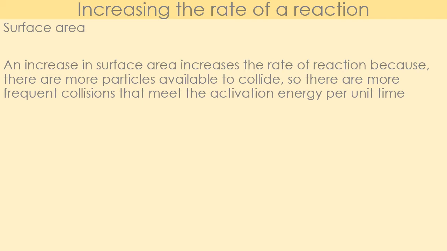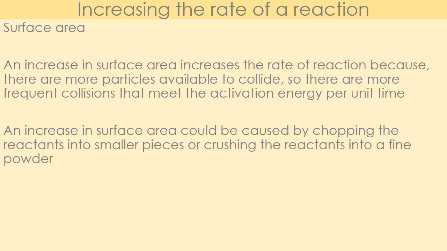And this per unit time just means per second, so it's how quickly it is happening. Now surface area, we can increase that in a number of ways. We can chop something into small pieces, or we can crush it into a fine powder. All of that makes the surface area larger.